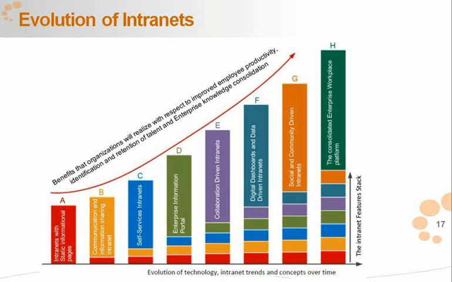These are the elements actually required by most organizations, and that is the main reason why people are opting for SharePoint. This is what I call the seismic shift from Web 1.0 to Web 2.0.